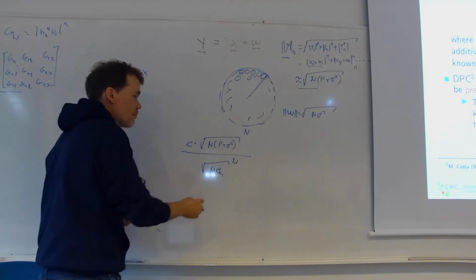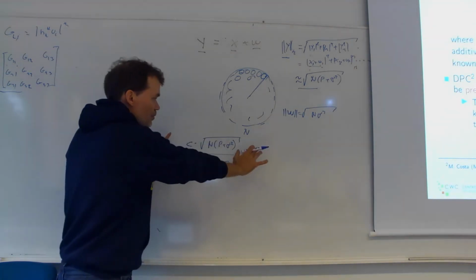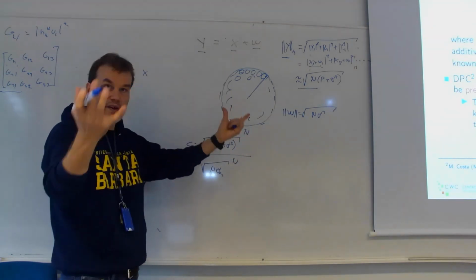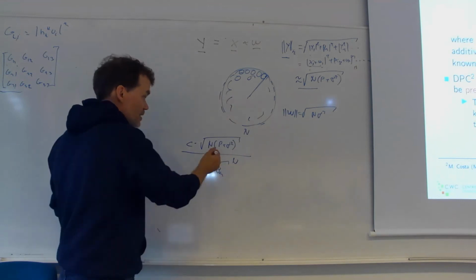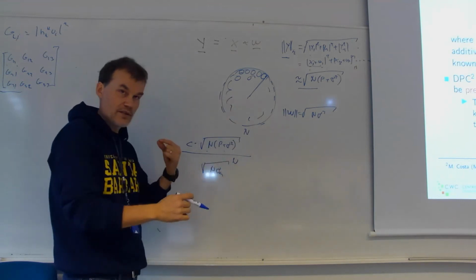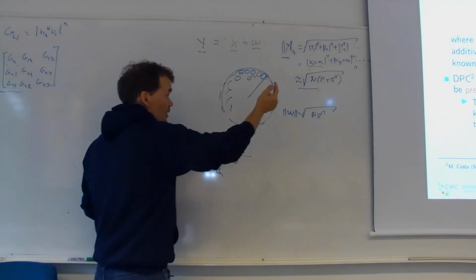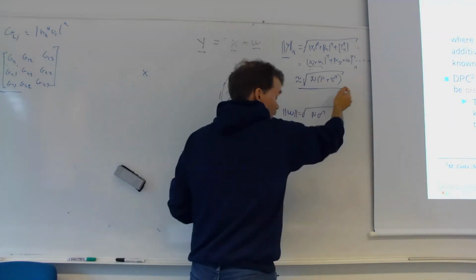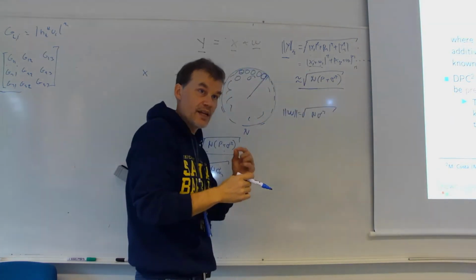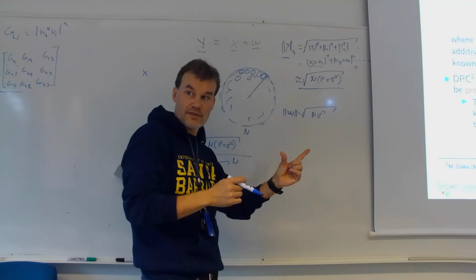All right, so this is the volume of this y sphere that depends on the radius of the y, which becomes deterministic when n becomes large, right?